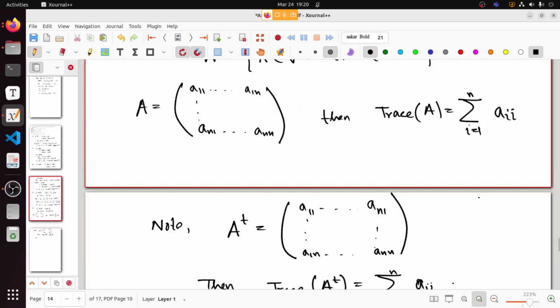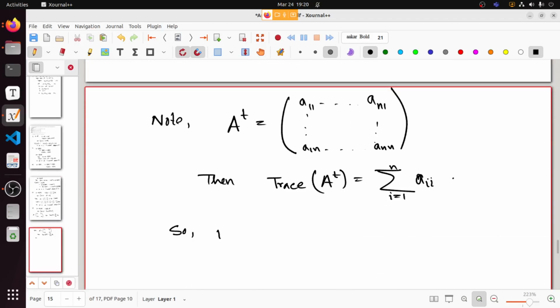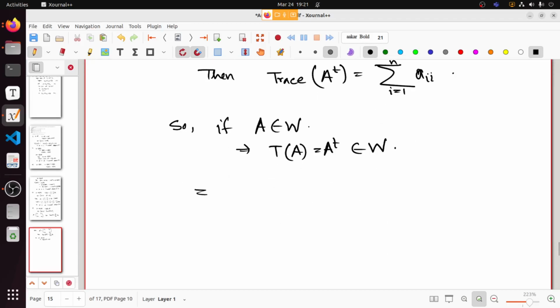So if A is in W, which implies T of A, which is A transpose, is also in W, right? Meaning W is a T invariant subspace of V.